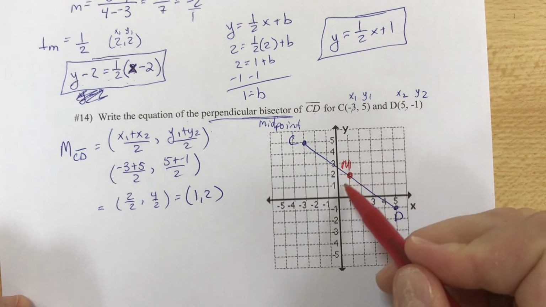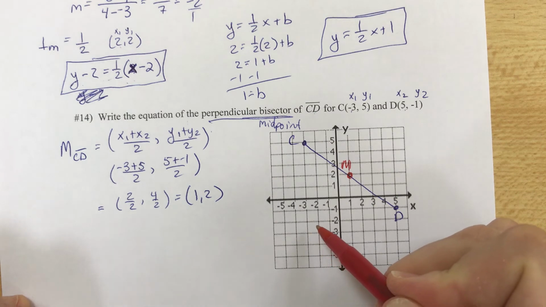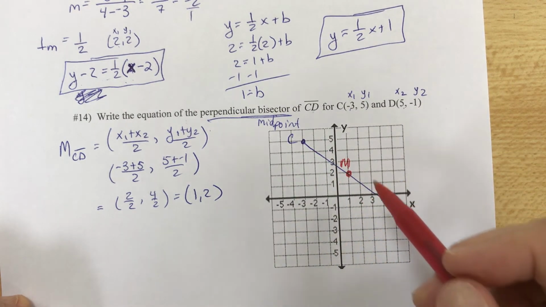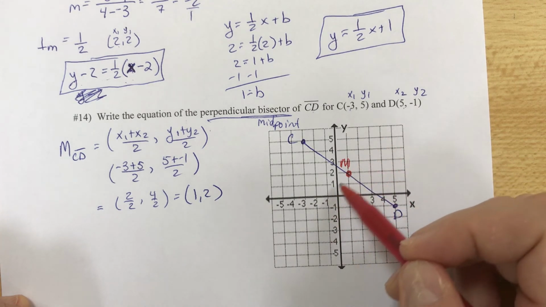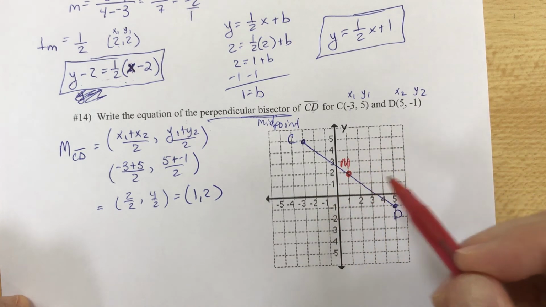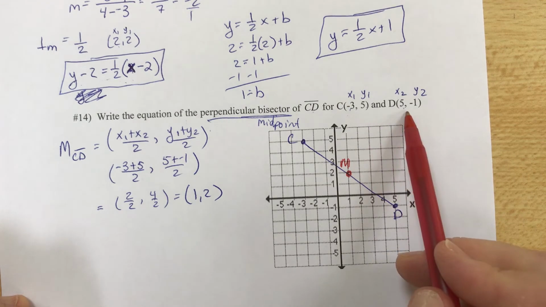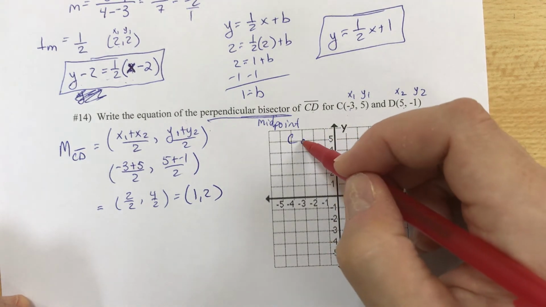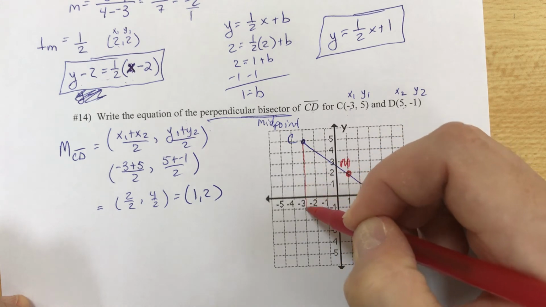Now we want the perpendicular line. Well, if we know the slope of CD, then we can find the slope of the perpendicular bisector. So I can either do the formula for slope or I can just count. Let me count. I'm going to go down 1, 2, 3, 4, 5, 6.